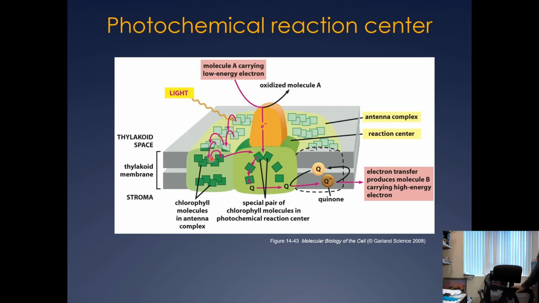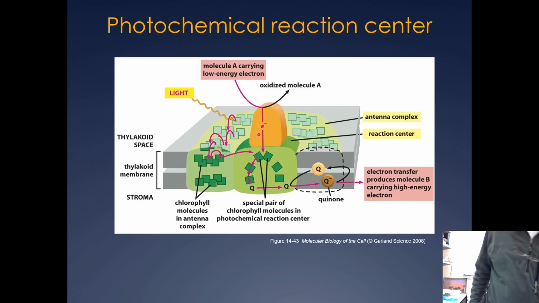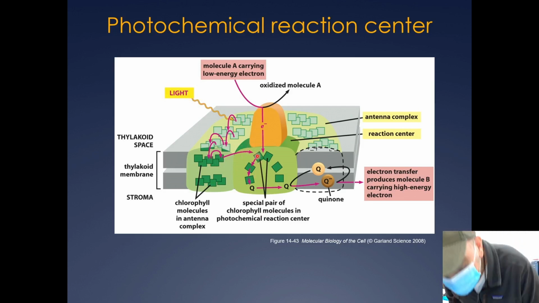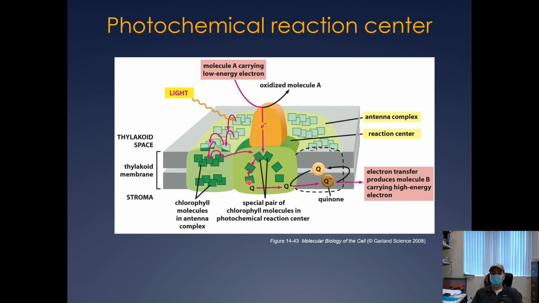That creates a high energy electron. The high energy electrons eventually will enter into the electron transport chain, as well as you can also steal electrons from water and convert it into oxygen. Okay, that would be the water splitting molecule. And eventually these high energy electrons from photosynthesis get put on quinone.